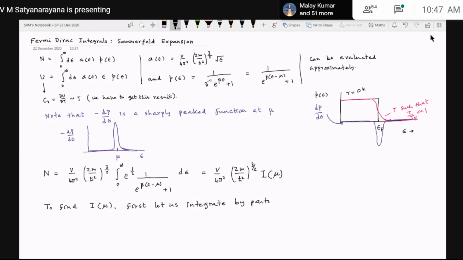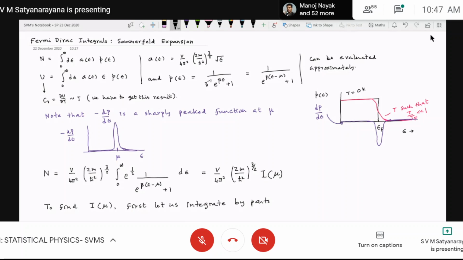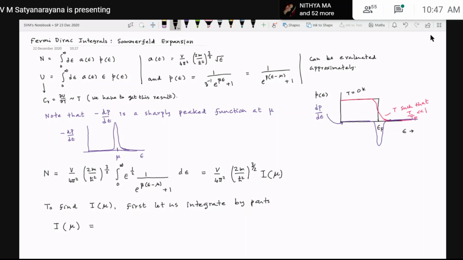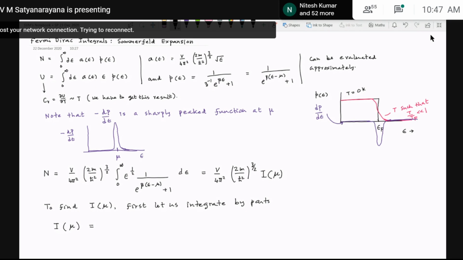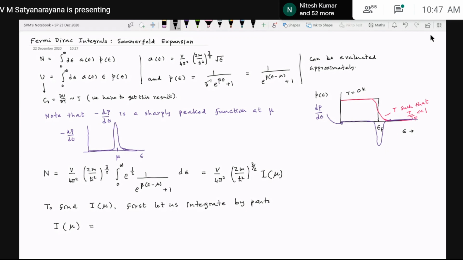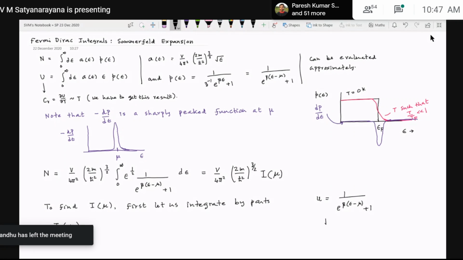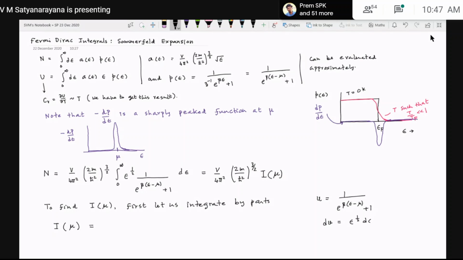So in that case, you know this I of mu is equal to integral of u dV, where u is 1 divided by e to the power beta (epsilon minus mu) plus 1, and dV is epsilon to the power half into d epsilon.